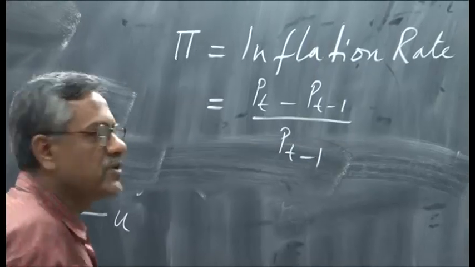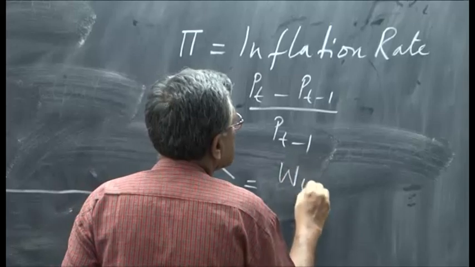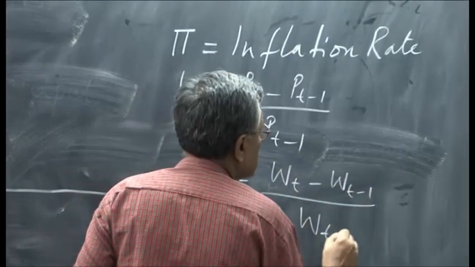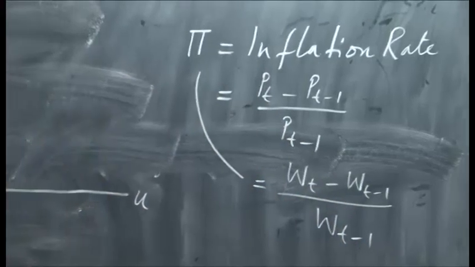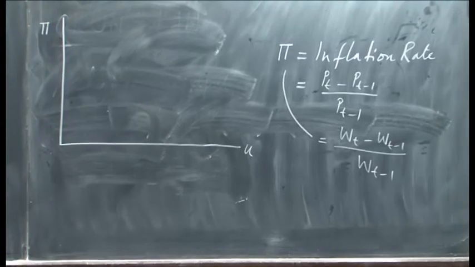In case of wage inflation, it can also be measured in terms of wages in the current period minus wages in the last period, divided by wages in the last period. W is wage, P is price. Phillips was using the wage inflation measure.